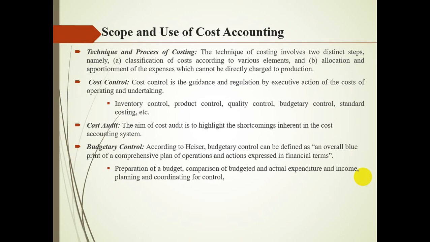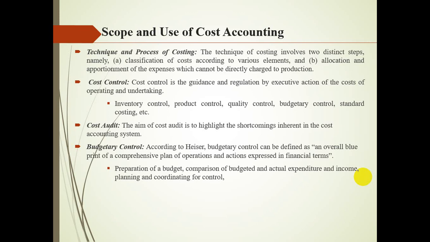Which technique of inventory are we using? The same unit of product should be left with us at the lowest cost, which is better. We discuss FIFO, LIFO, WAM, SAM, and HIFO, these different methods, as well as product control, quality control, budgetary control, standard costing control, and others.